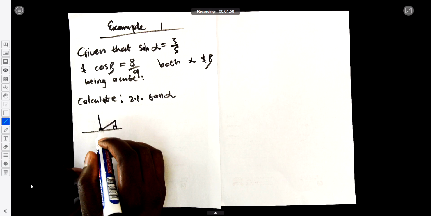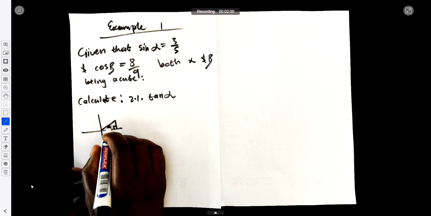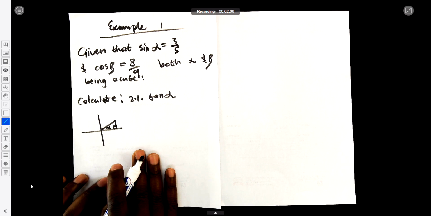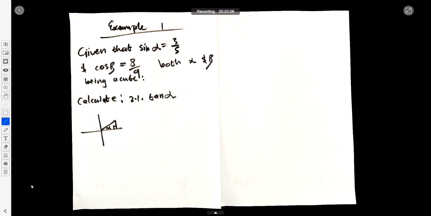Normally, we start with acute angles in the first quadrant, in the positive angles. Let's start with alpha. Let's deduce the ratios of sine in the right angle triangle.